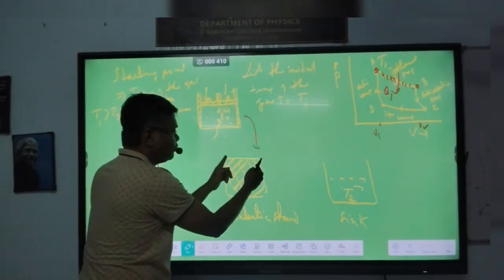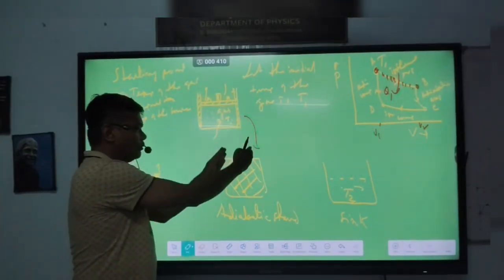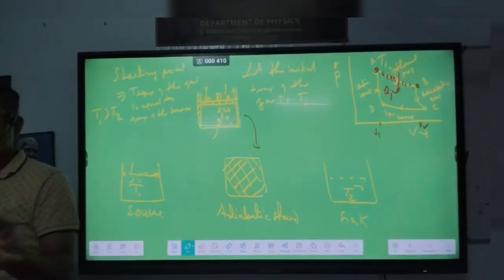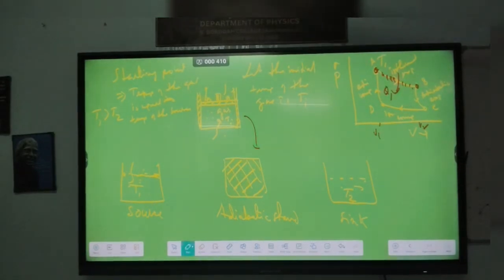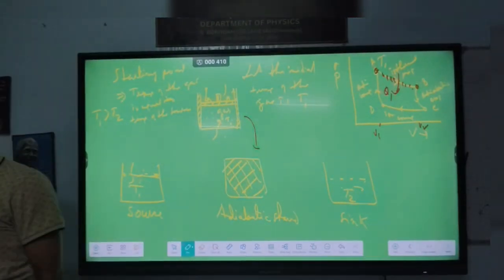So if I place this whole cylinder over the adiabatic stand, now there is no way of transferring heat from the gas to the surroundings. Because I have placed it on the adiabatic stand.